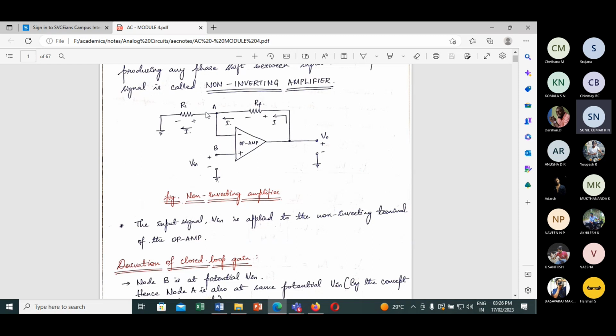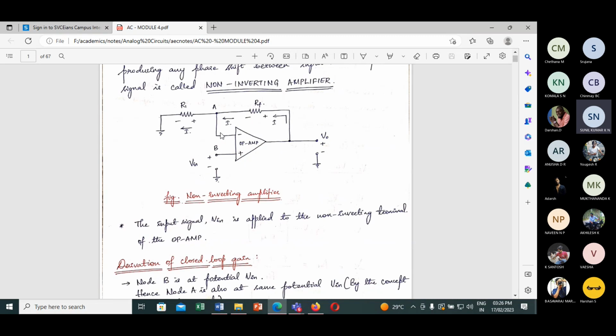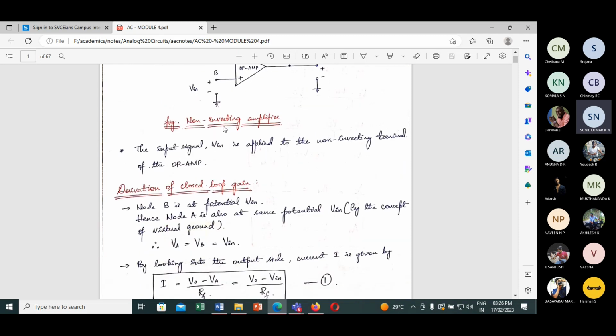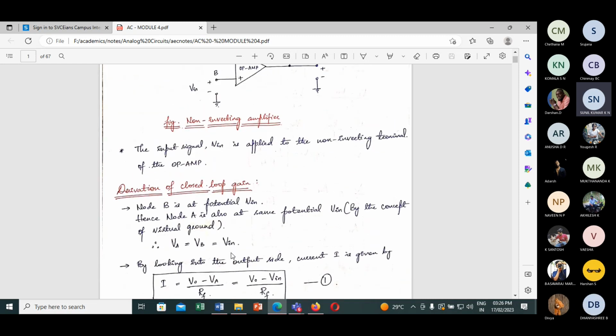Here we can see what VA and VB are. VA and VB are both at the same potential. Ideally, in order to equalize the currents flowing into the input terminals, inverting and non-inverting, IB1 and IB2, both currents must be the same. So we assume the potentials at node A and node B are the same, so VA equals VB equals V in.